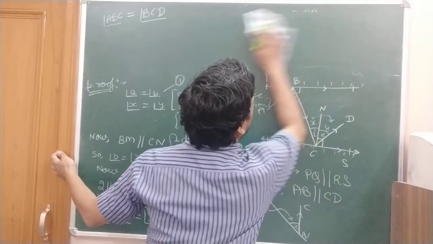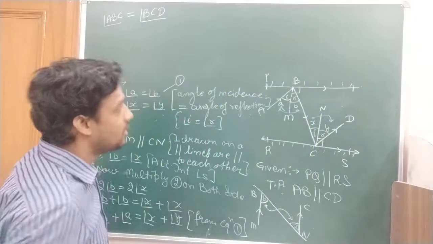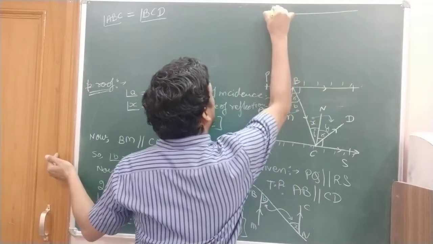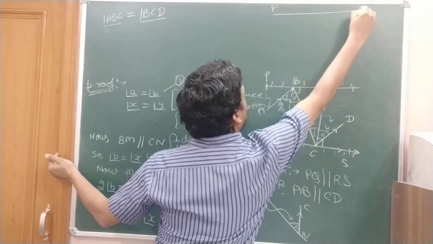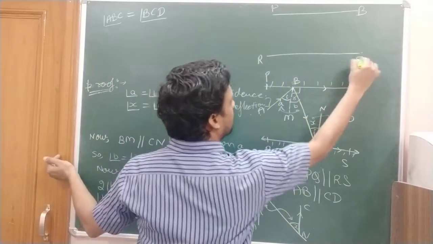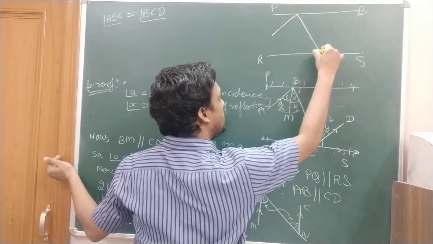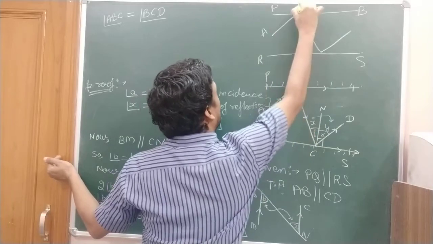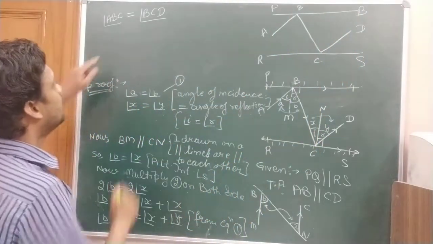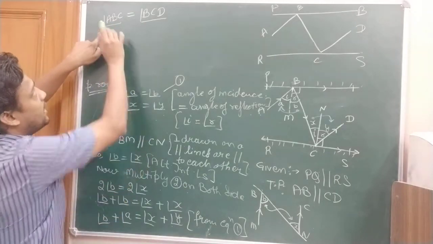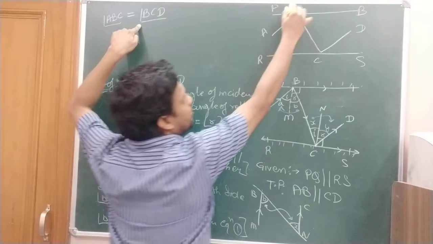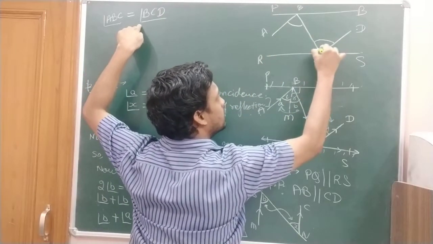Now again a rough figure: the lines PQ and RS, this is line AB, and line CD. Only a rough figure. We have proved that angle ABC and angle BCD are equal to each other.